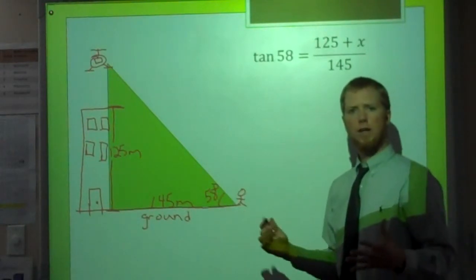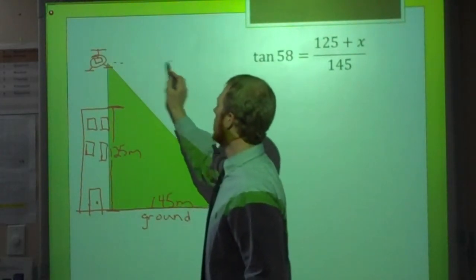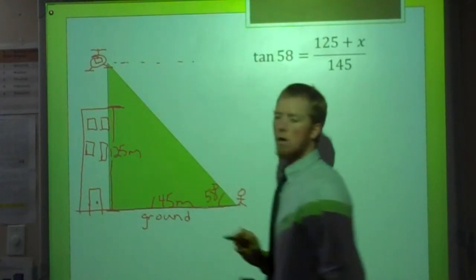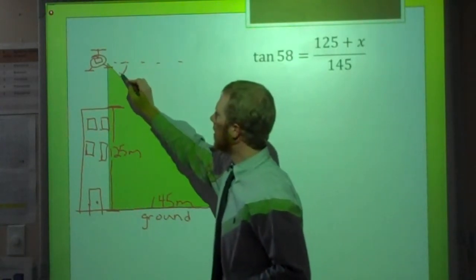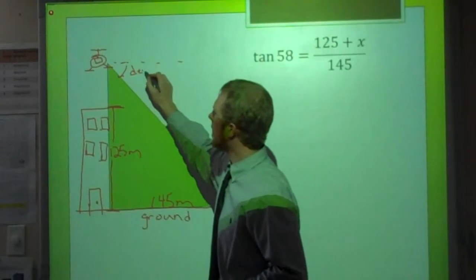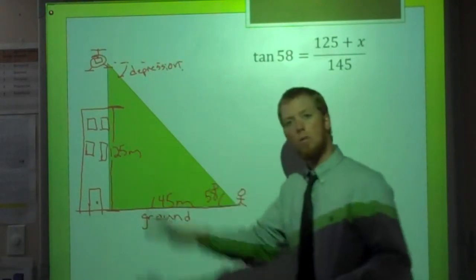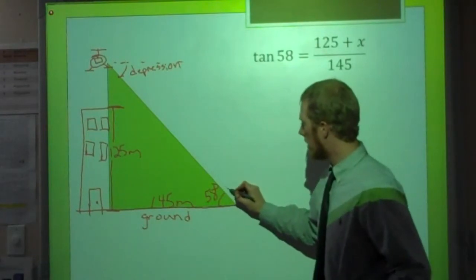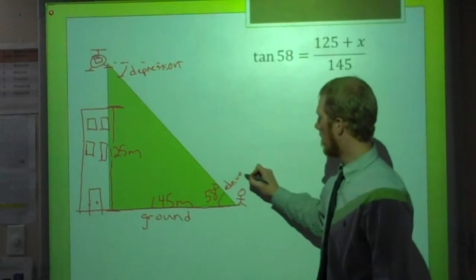An angle of depression would be based off of a horizontal line up here, and it would actually be this measurement. Okay, so depression means down, elevation means up. So here's our angle of elevation.